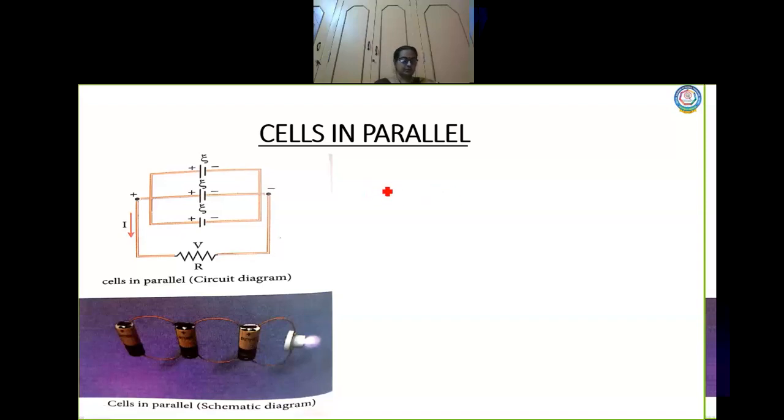So what is the formula for parallel connection? 1 by r equivalent is equal to 1 by r plus 1 by r, it goes up to 1 by r. With respect to n times, it will be n by r. So r equivalent will be r by n.